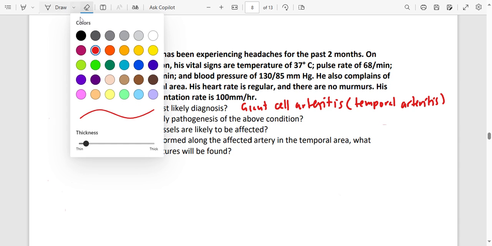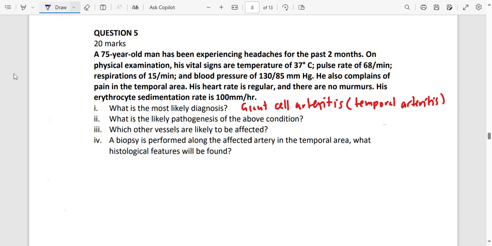So the problem in this condition is, it's an inflammatory condition, right? Inflammatory condition. And the problem here, the pathogenesis, there is going to be immune cell mediated inflammation. That will be the first thing.